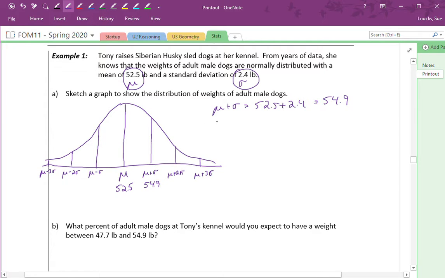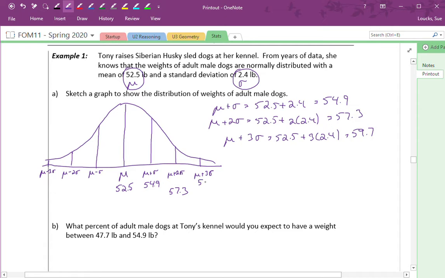And mu plus 2 sigma is 52.5 plus 2 times 2.4, which is 57.3. So this one is 57.3. Mu plus 3 sigma is 52.5 plus 3 times 2.4, which is 59.7. So this one is 59.7.